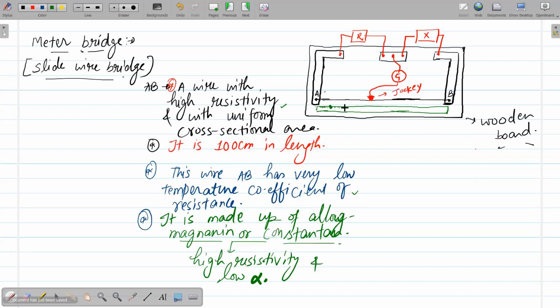It is obviously calibrated, and placed just below the wire AB. The remaining part is the battery. We connect a battery like this. We can use one switch, and connect like this. This is the complete diagram for the meter bridge.